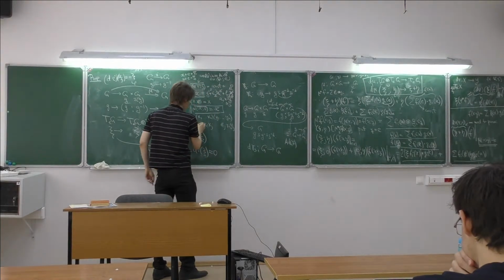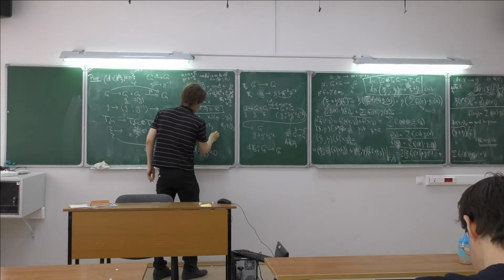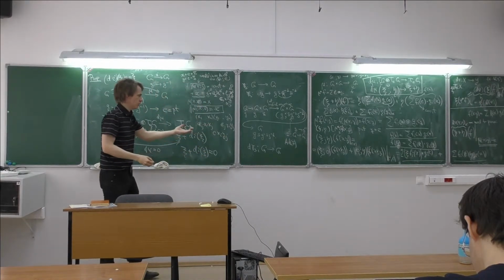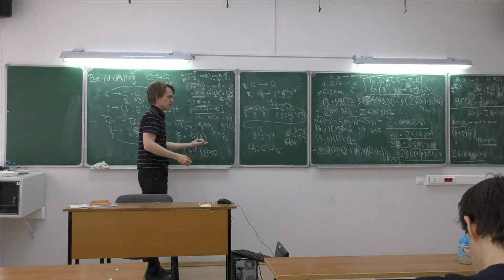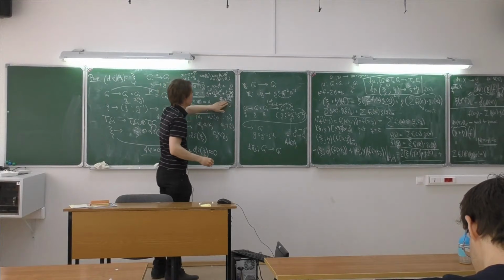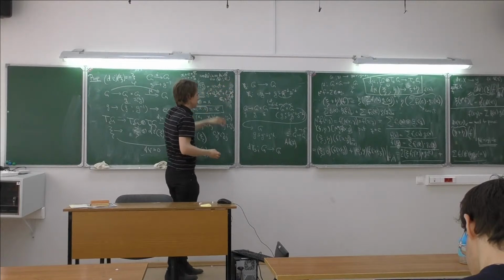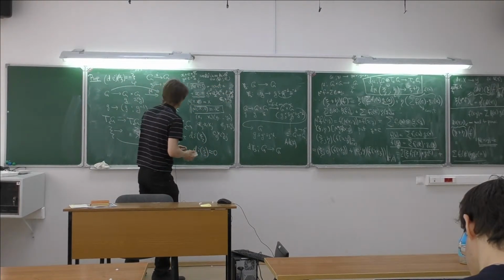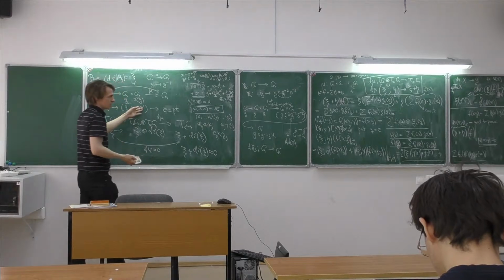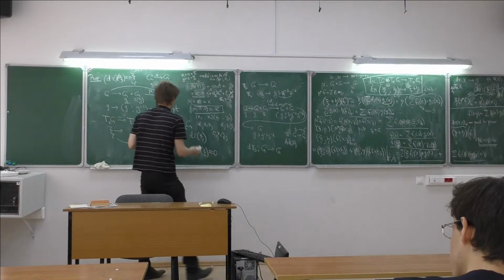Вот это A, это B, а это C, и C это x_i y_j. Все, больше никаких нету. Перекрестные, наоборот, не нули. Давайте я что-нибудь сотру просто.